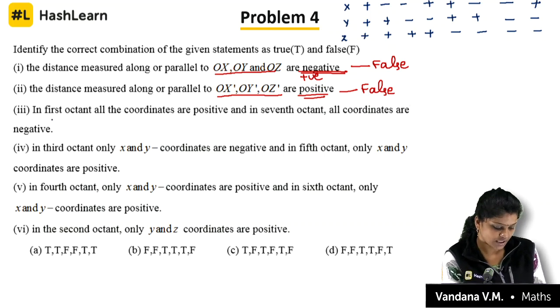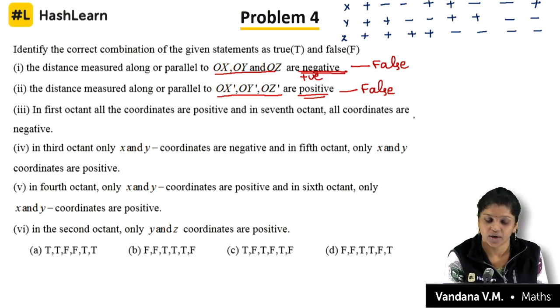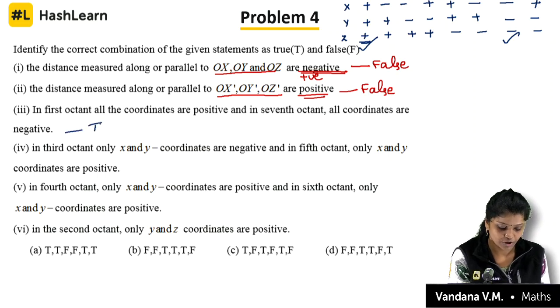Now see, in the first octant, all the coordinates are positive. In the 7th octant, all the coordinates are negative. So, in the first all are positive, correct. In the 7th all are negative, correct. So, this is the true statement.